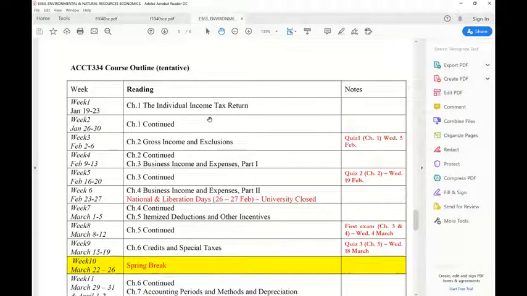Today we are mainly looking at chapter 3, which is business income and expenses. As I said before, this topic is spread over chapter 3 and chapter 4.